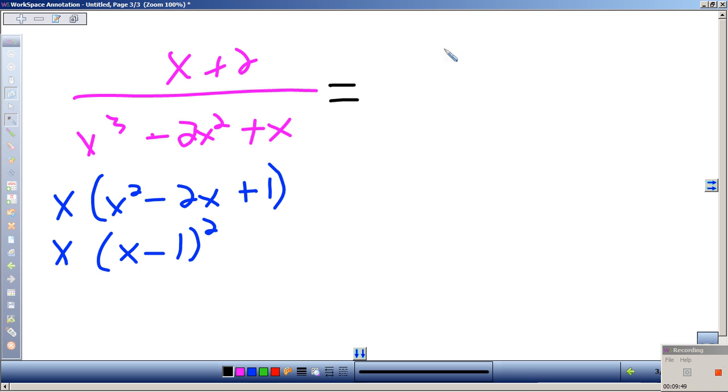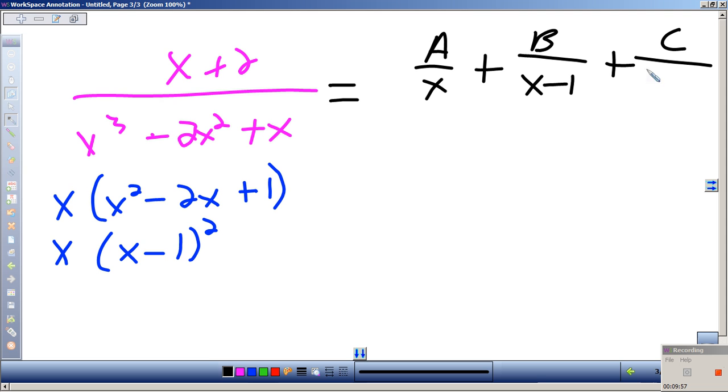So we're going to say a over x plus b over x minus 1 plus c over x minus 1 squared. Because anytime we have a repeated solution, like x minus 1 being there twice, we have to have every factor of it.